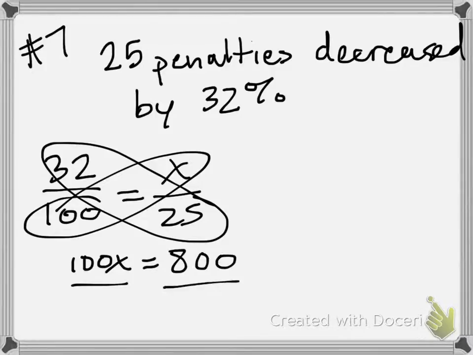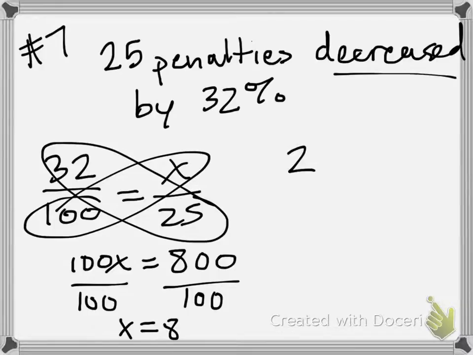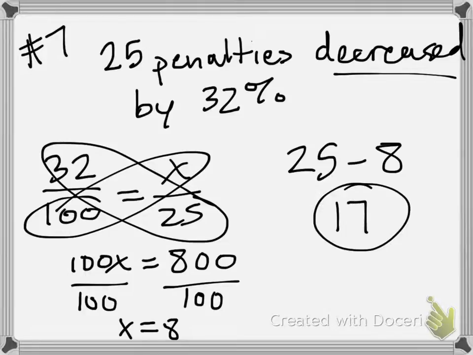Okay, we divide both sides by 100, and x equals 8. And so to find the decrease, that'd be our original amount of 25, subtract 8. And 25 minus 8 is 17. So our new answer would be 17 penalties.